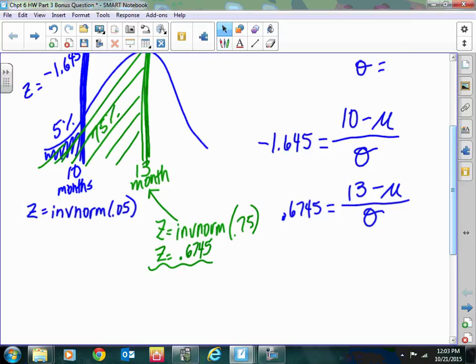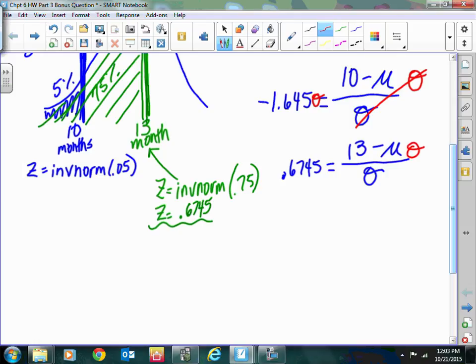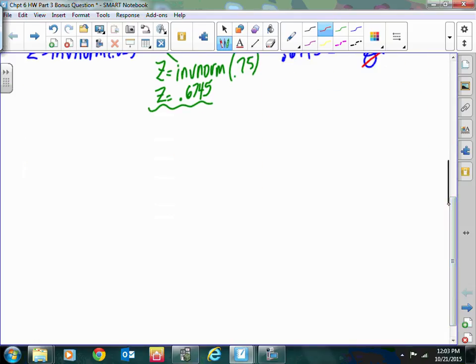You can do substitution or elimination or whatever, but first, let's fix it so it doesn't look all gross with the fraction going on. How are you going to unfractionize it? Okay, how about we multiply both sides by standard deviation to get it off the bottom on both problems. So, I will rewrite these all nice and neat.